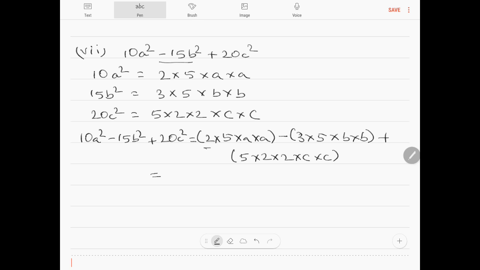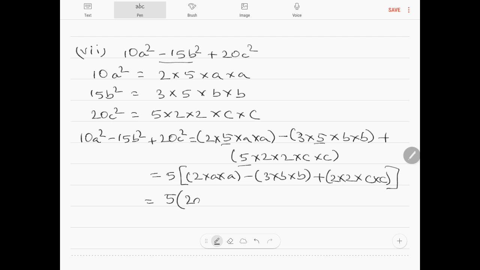Now here 5 is in common. So taking 5 outside, we'll get 2 into a into a minus 3 into b into b plus the remaining terms 2 into 2 into c into c, which is equal to 5 into 2a square minus 3b square plus 4c square.